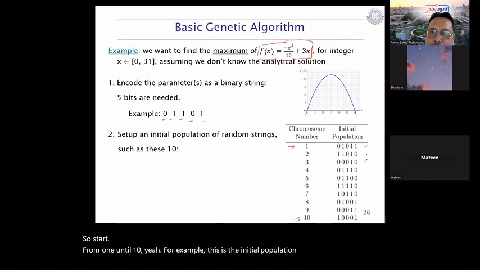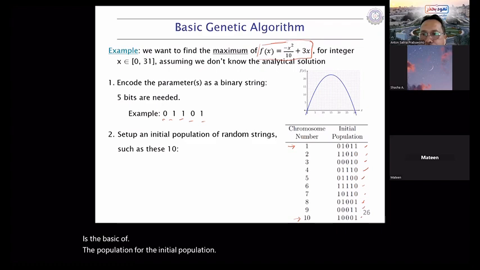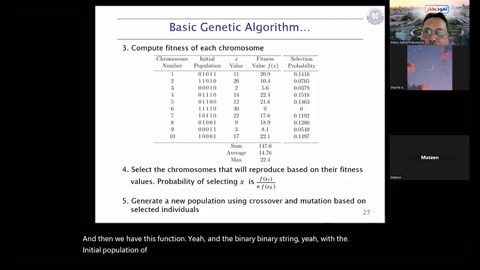Given this data as the basis for the initial population, we use this kind of data, and then we have this function and the binary string with the initial population of random strings.